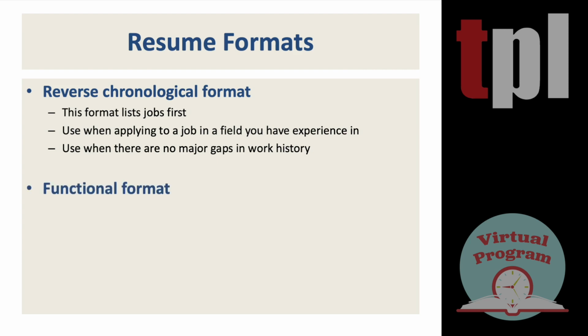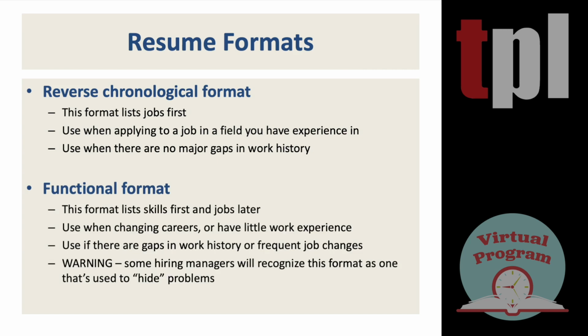The functional format has gained in popularity in recent years. It's the style that lists skills first and then work history. It's used when a person may be changing careers or may have little actual work experience. It can be used if there are gaps in work history or a person has changed jobs frequently.